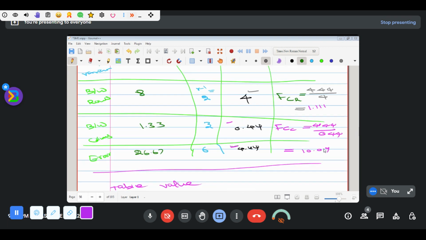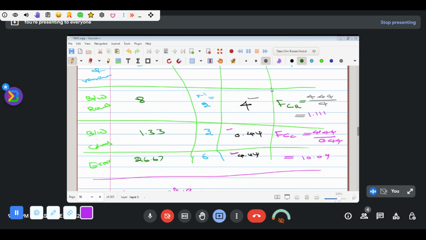Comma 1 is the numerator value. Therefore, I am writing here this one is comma 1, this one is comma 2, and the remaining one is comma 3.